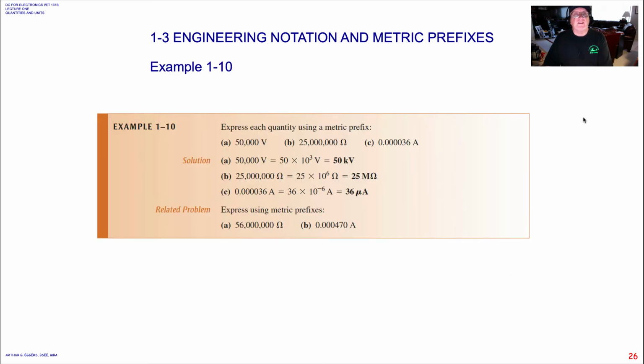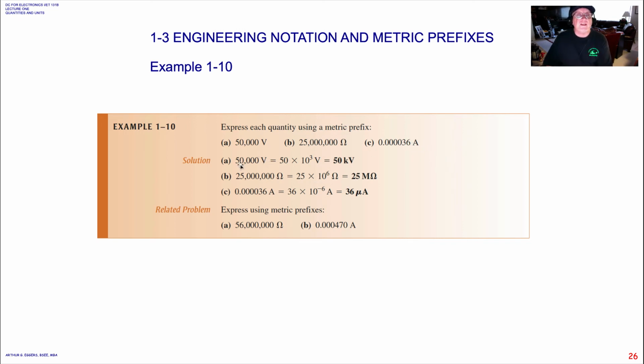So in looking at some examples here where we can substitute the metric prefixes: 50,000 volts, 25 million ohms, 0.00036 amps. Okay, that's a very small amount of amperage. We can move this decimal point around to make it make more sense. 1, 2, 3, 4, 5, 6, and we would end up with a very small micro amount.